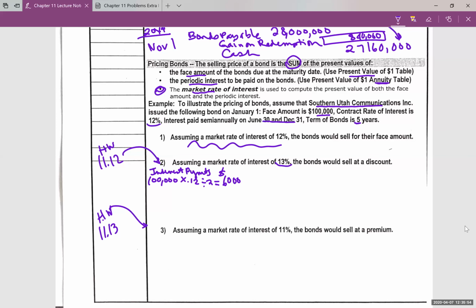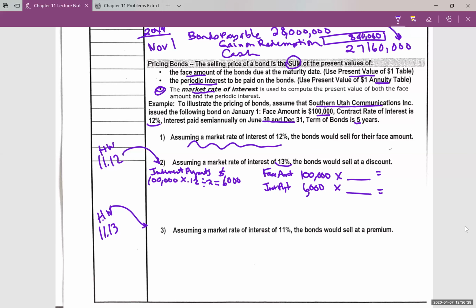And also the face amount of this bond in the contract is $100,000. So I'm going to need to take 100,000 times a factor, and I'm also going to have to take the interest payment, 6,000, times a factor from one of those tables. I'm going to get two numbers, and then I'm going to add those together.